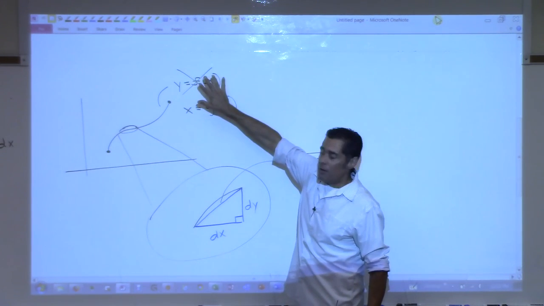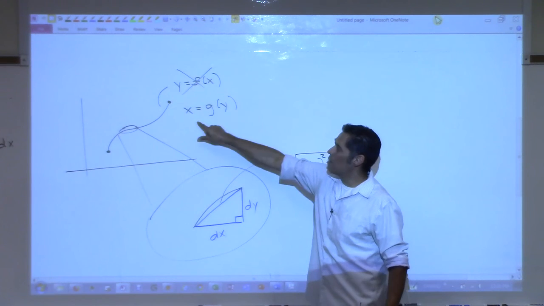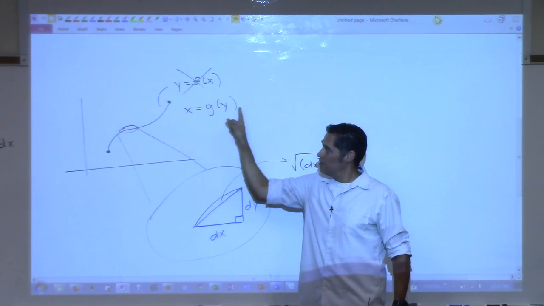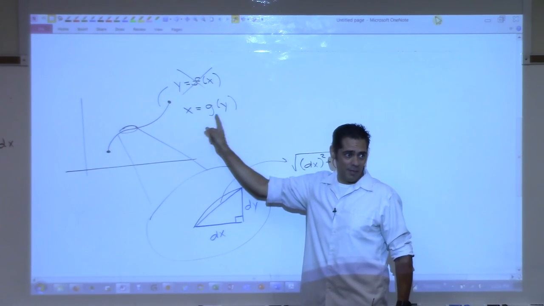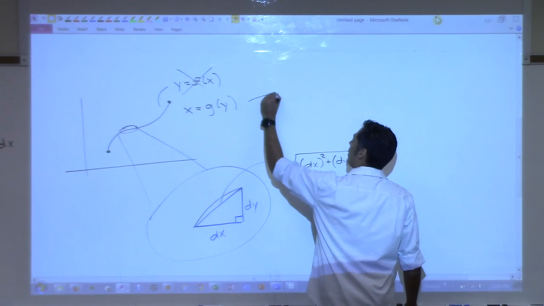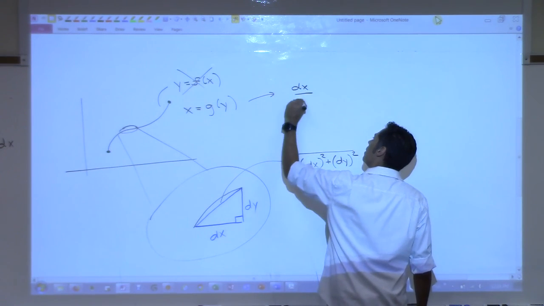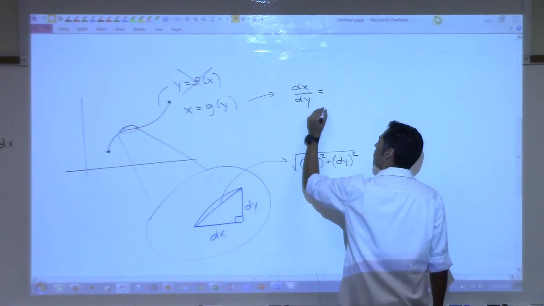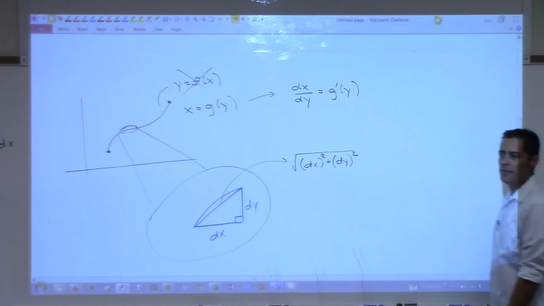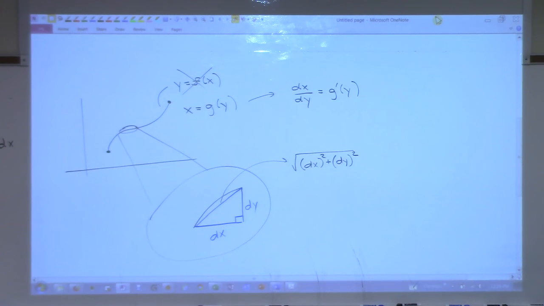So what I'm going to do now is I'm going to work with this, and I'm going to take the derivative with respect to y on both sides of this one. Okay? So if I do that, I'm going to get what? dx/dy equals, well, g prime of y, right? That's the definition of the derivative of g with respect to y. And then I multiply both sides by dy.